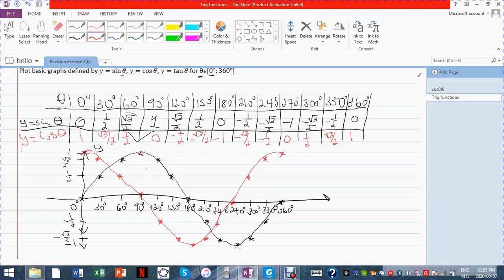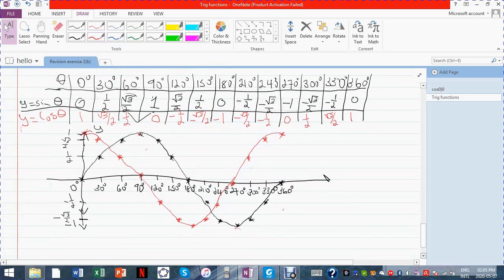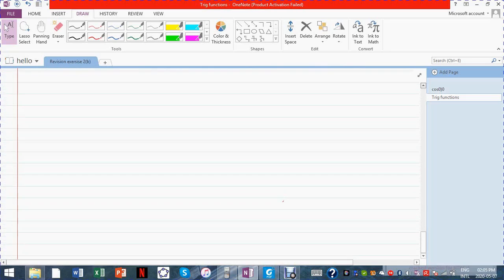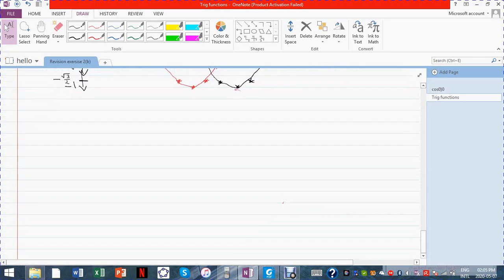Yeah, so let's just actually draw it on a different coordinate system. Let's not go too far. All right.